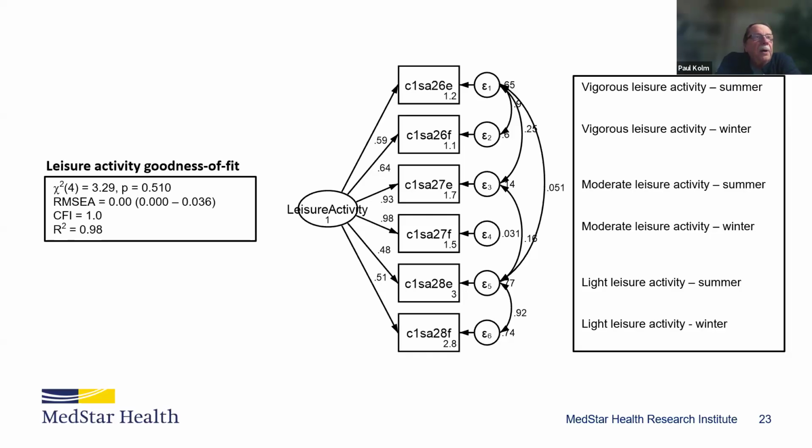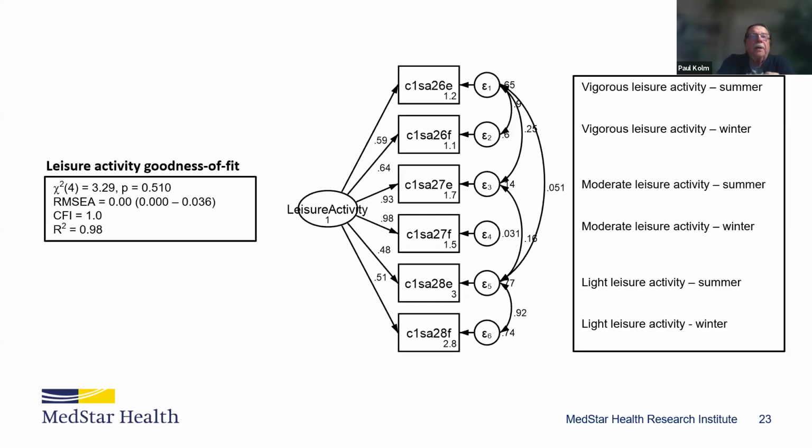We have a chi-square of 3.29 with 4 degrees of freedom. That's not significant. The root mean square error is virtually 0. The fit index is a perfect 1, and our R squared is extremely high. So in this case, we can conclude that we can put all these together to make up one latent variable that we'll call leisure activity.